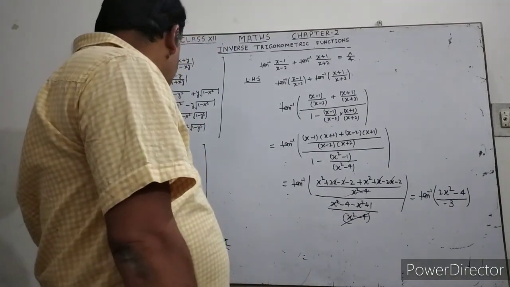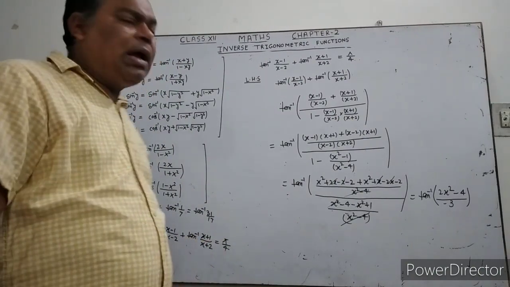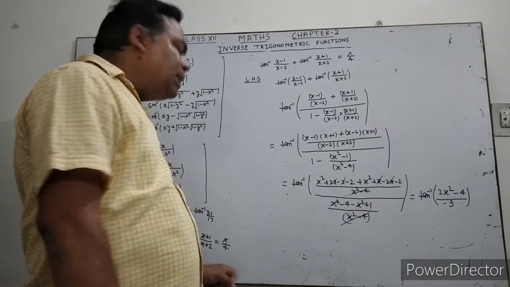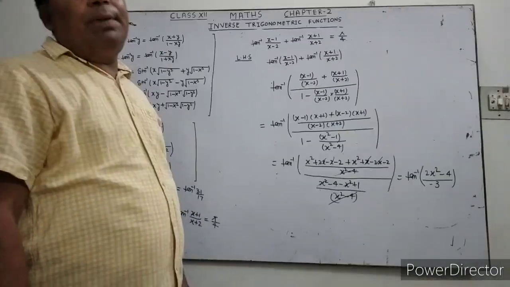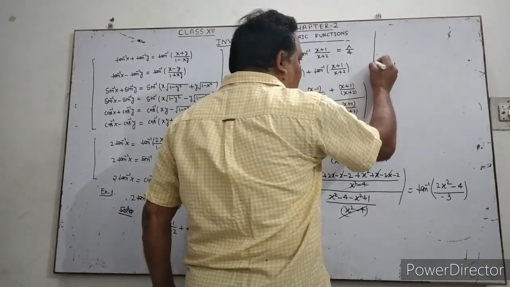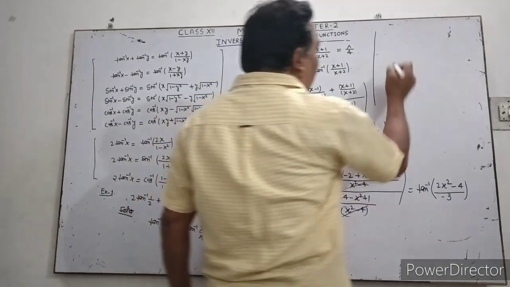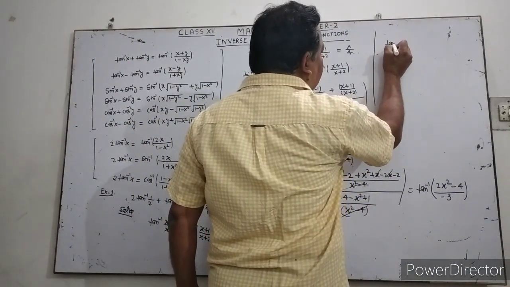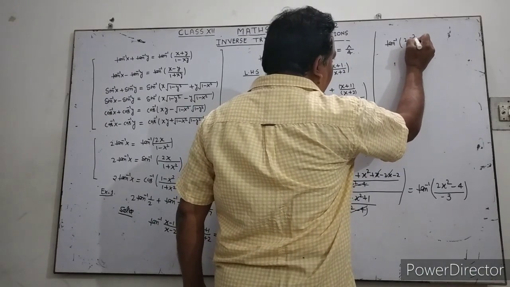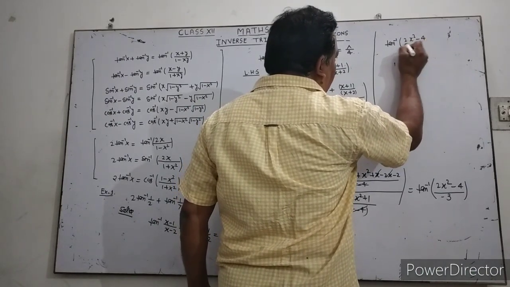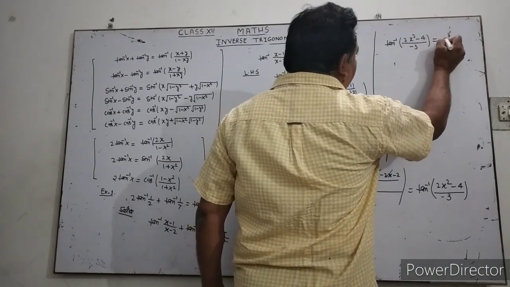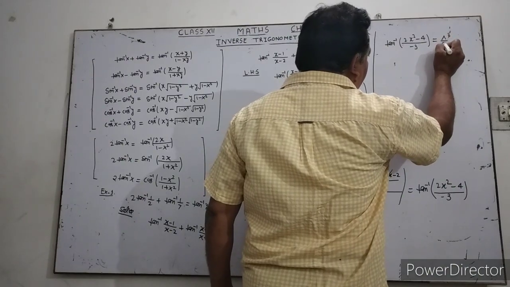Solve means you take the left side and right side both and find the value of x. Now the left hand side is tan inverse of 2x square minus 4 upon minus 3, equal to pi by 4.